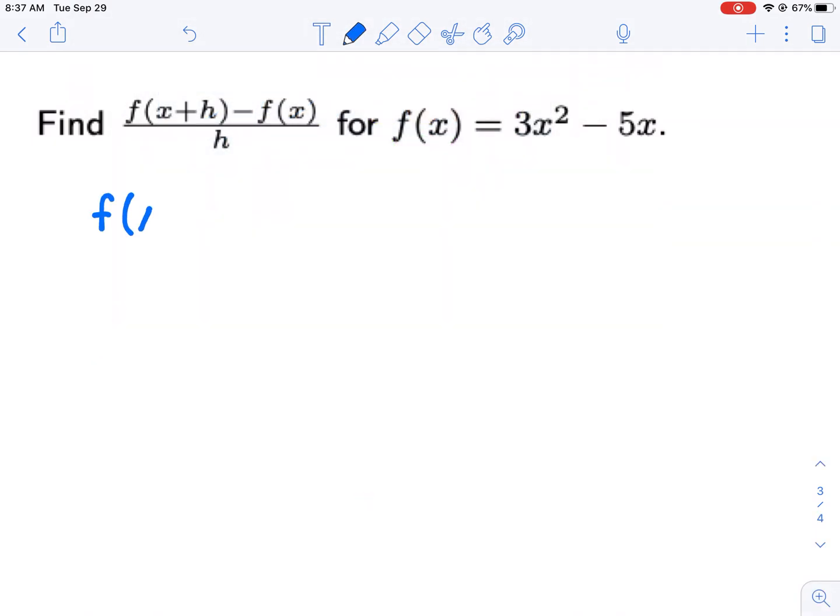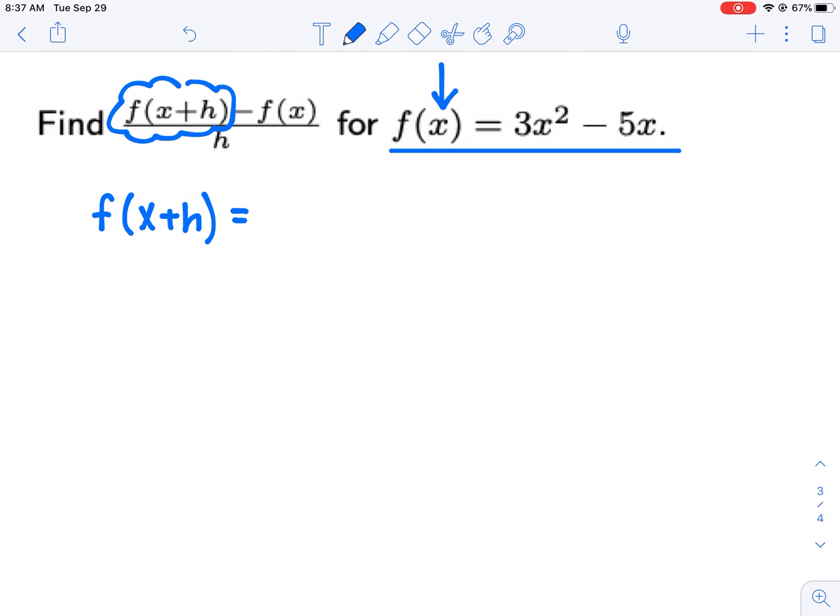F of x, no, I'll do it this way. Sorry, guys. I'm going to look at just this portion right here. F of x plus h. That means instead of inputting an x, I'm actually inputting x plus h.